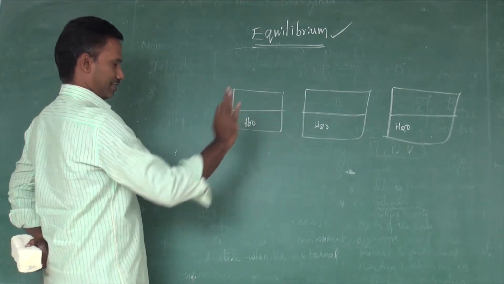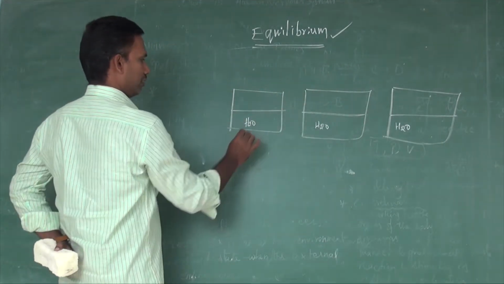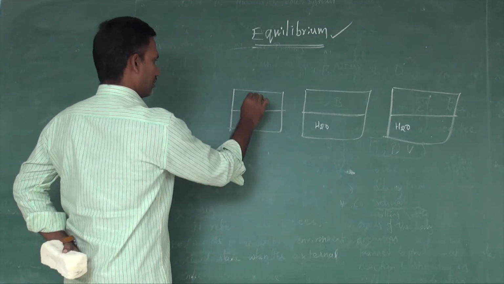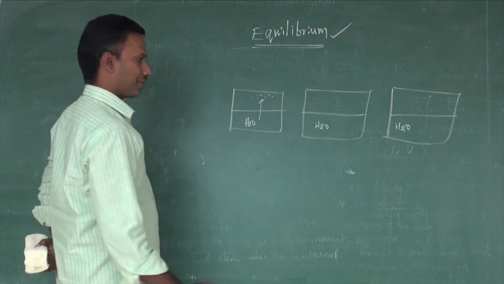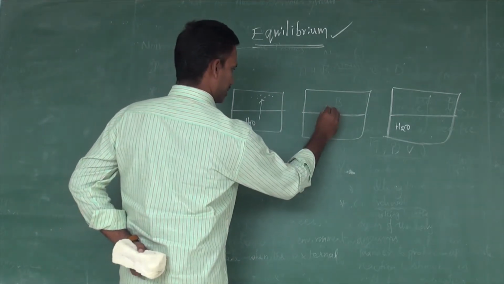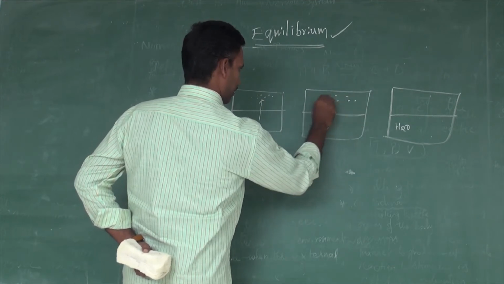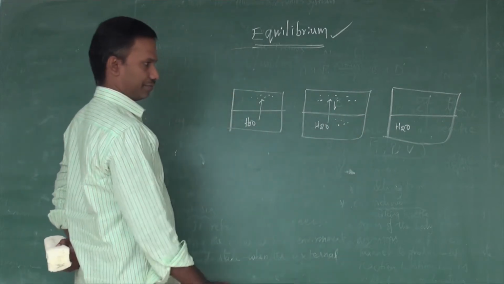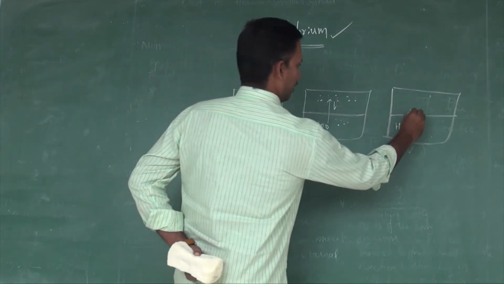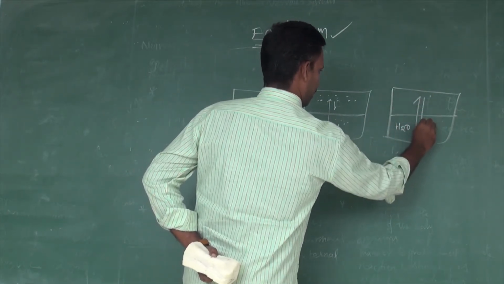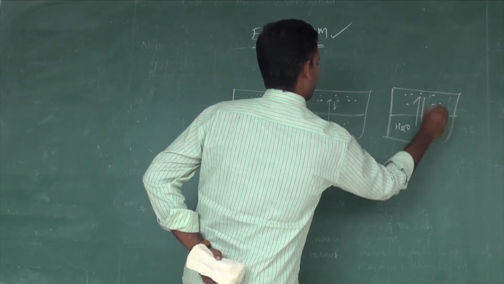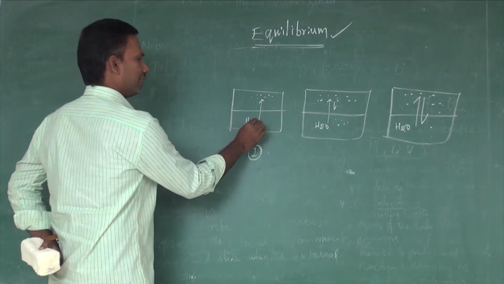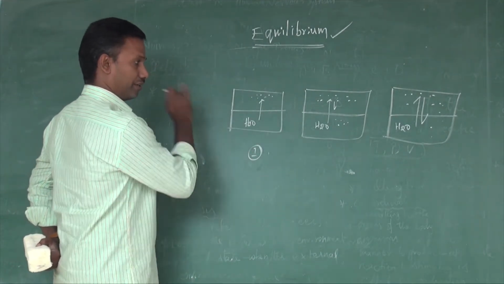See, in these three cases, all are considered closed vessels, all having water in equal amount. At first only the forward reaction takes place, and a few water vapors are formed. After some time, in an intermediate process, some water vapor condenses. In the first case, only the forward reaction takes place: the liquid water becomes gas.